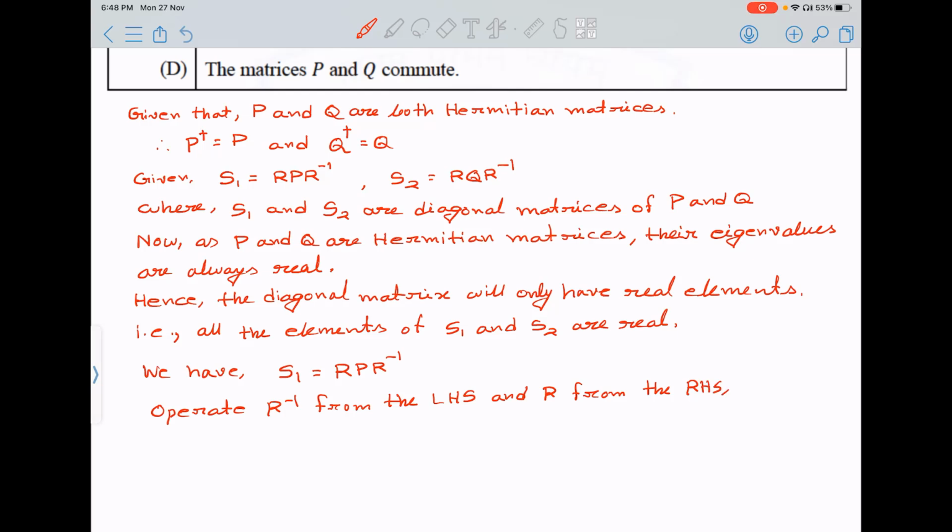Then we get R inverse S1 R equals R inverse R P R inverse R. Now R inverse R should be identity as per the properties. So this means P equals R inverse S1 R.